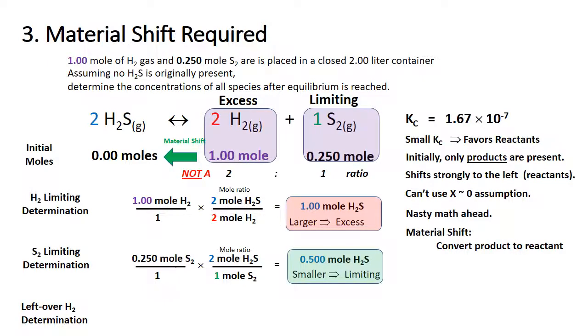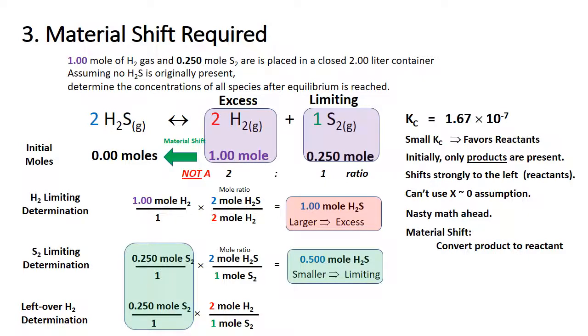Okay, so we have to determine how much of the H2 is going to be left over. So this is going to require us to begin with the limiting reactant that we've already determined, the 0.250 moles, and this time make a prediction about how much hydrogen gas will actually be needed to convert all of the S2 into H2S.